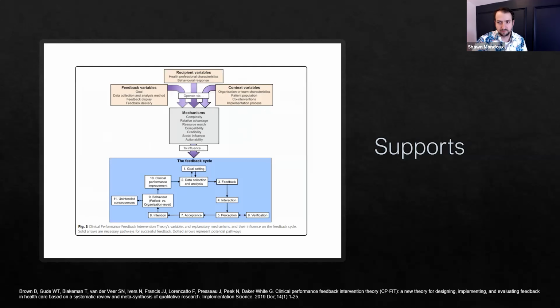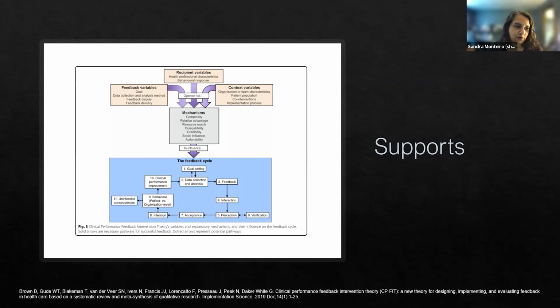And so here's a diagram taken from another study that looked into what kinds of supports facilitate a feedback and audit cycle. And as you can imagine, just getting the culture to accept that there would be some goal setting exercises, getting your own context to accept that feedback has a place, that they need time to interact with others, discuss and reflect.